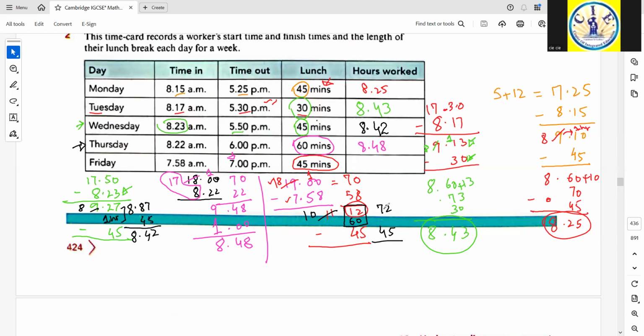So I can subtract them from this. And 10 hours for this.